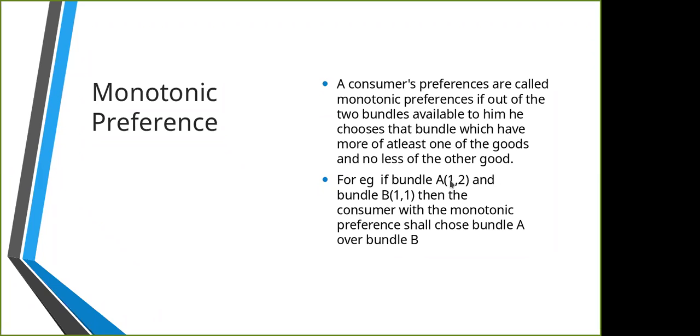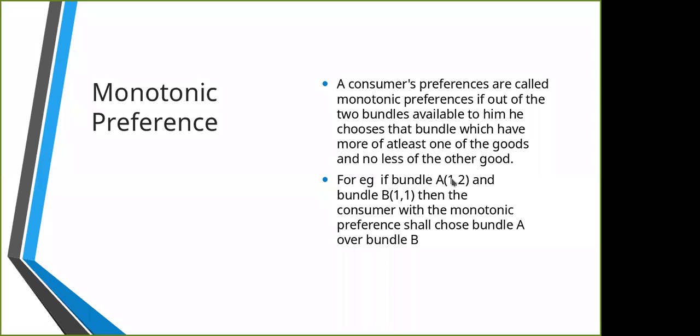But bundle A here, can you see the mouse cursor here? Yes, sir. Okay, so this one actually is representing the quantity of commodity 1, and this 2 is representing the quantity of commodity 2.